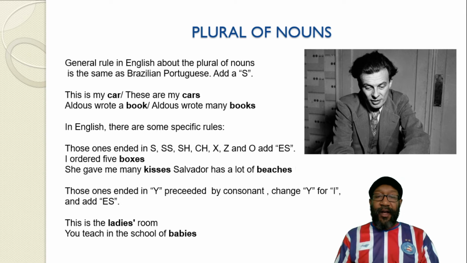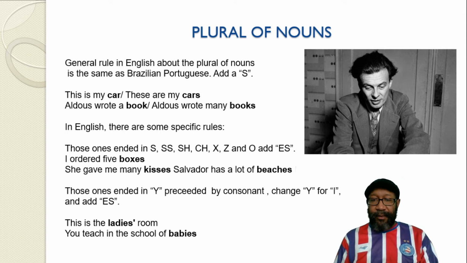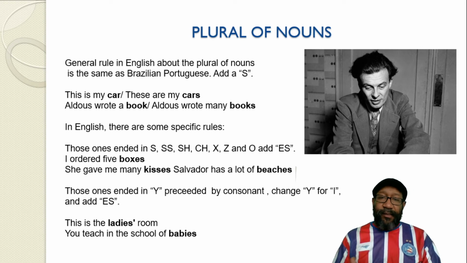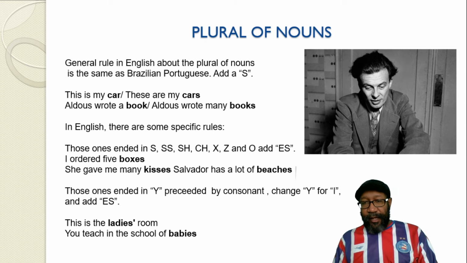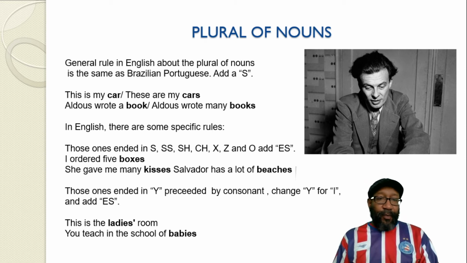So I ordered 5 boxes, the word box, you add ES. She gave me many kisses, kiss, in SS you put ES. Salvador has a lot of beaches, beach, and in CH you add ES.